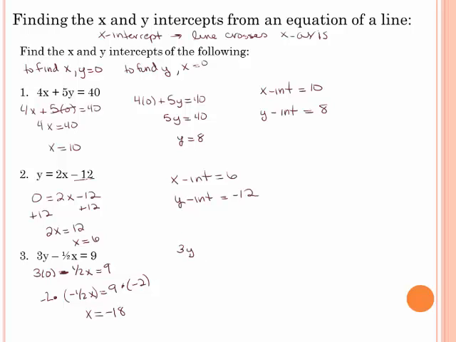To solve for the y-intercept, I plug in 0 for x. That gives me 3y is equal to 9, so y is equal to 3. So my x-intercept is negative 18, and my y-intercept is 3.